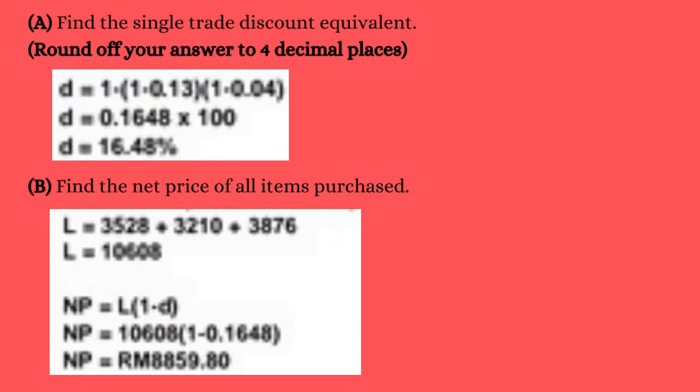Question 2A. Find the single trade discount equivalent. Round off your answer to 4 decimal places. So, the answer is D equal to 1 minus open bracket 1 minus 0.13 close the bracket, open the bracket 1 minus 0.04 close the bracket.